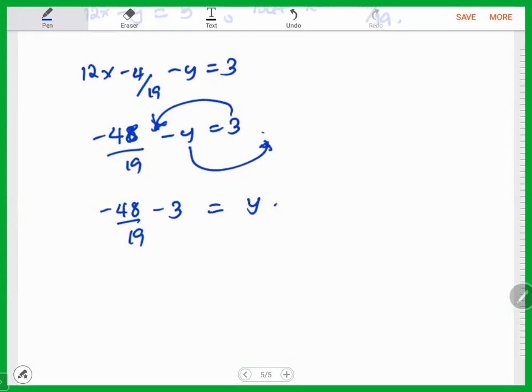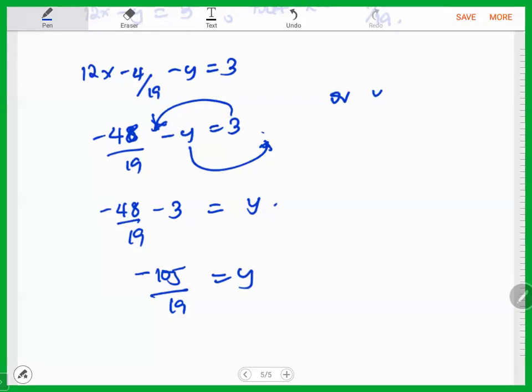So -48 over 19 minus 3 gives us -45 over 19 equal to y.